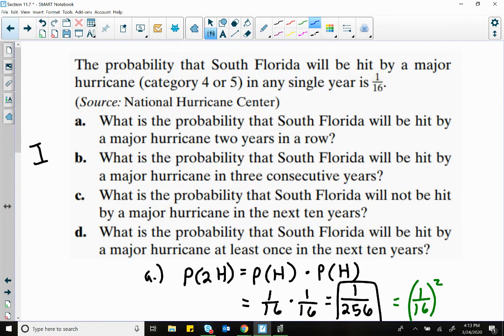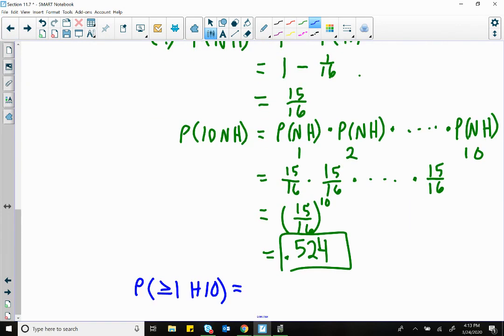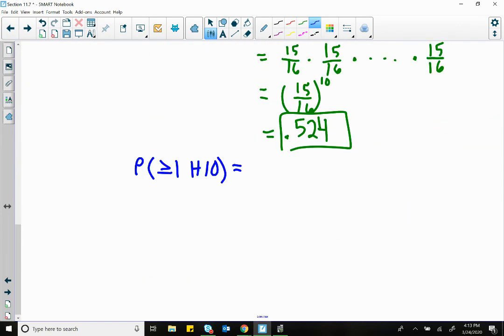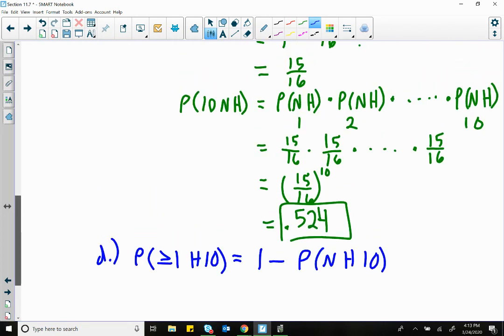So if I want the probability of at least one hurricane over the next 10 years, so this is D that we're working on here, we're taking 1 minus the probability of no hurricane over the next 10 years. Don't we have this probability somewhere? Oh, there it is. All we have to do is take 1 minus that number.